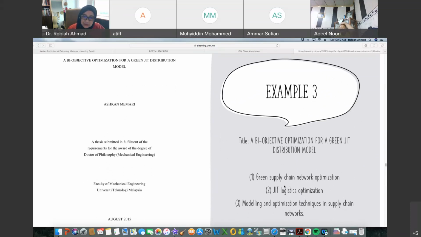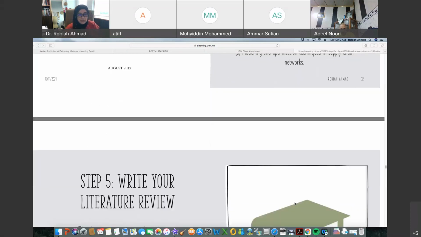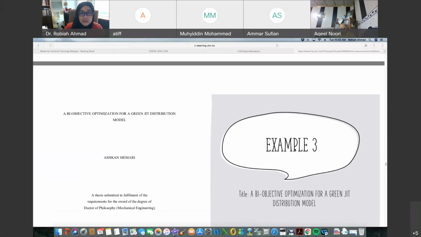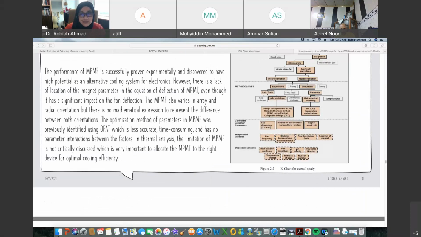These are the things that he focused on: green supply chain network optimization, GIT logistics optimization, and modeling and optimization techniques for supply chain. That is basically how you structure your literature review. Once you structure it, your mind will be focused on what topics you really need to concentrate on, based on the keywords and the research problem just now.